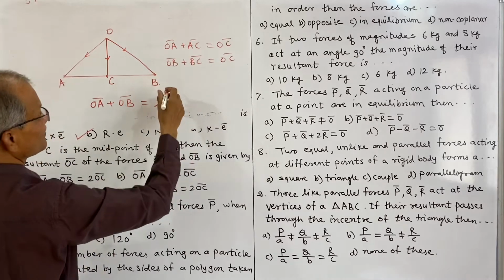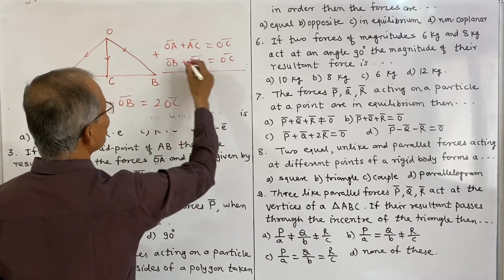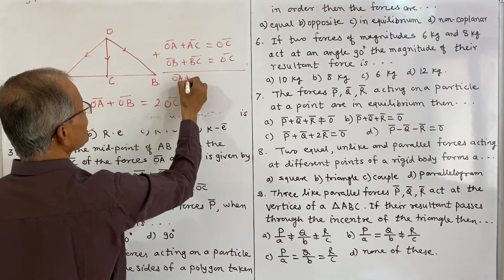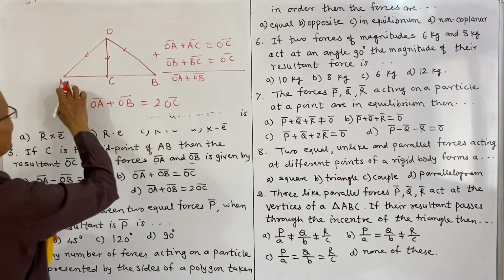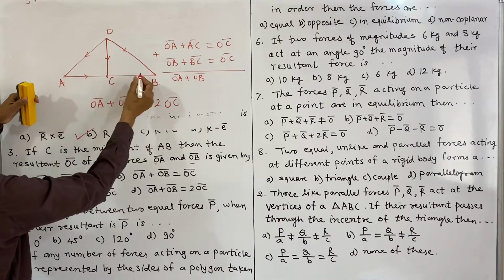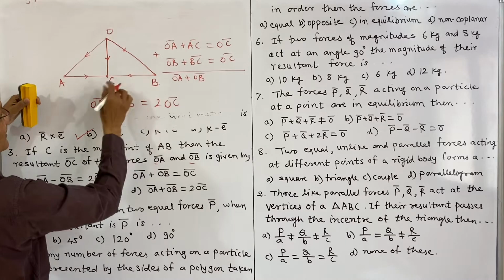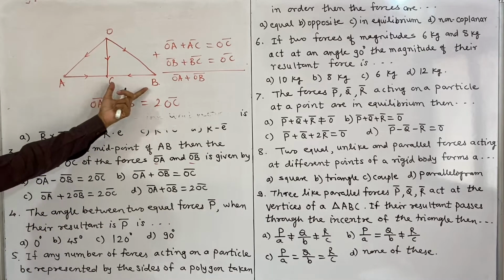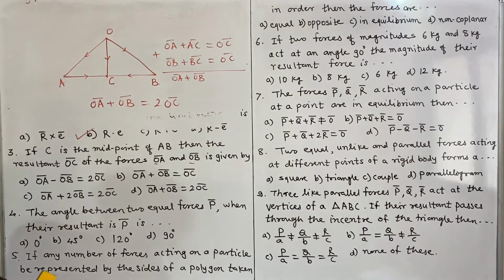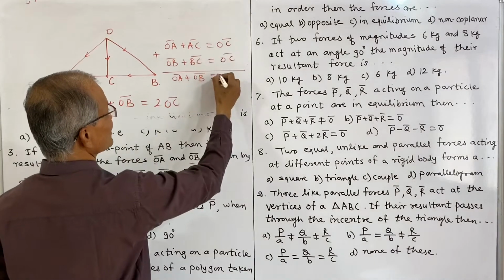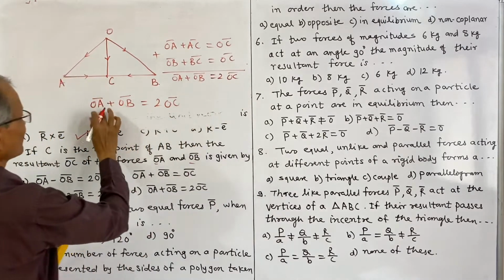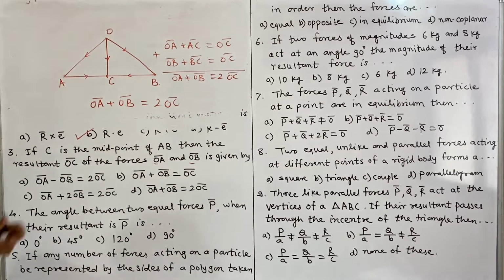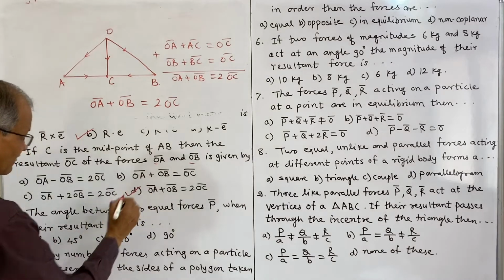If we add them, we get OA plus OB on the left side. Now, because C is the midpoint of AB, AC and CB are equal and opposite, so they cancel, and we get the right side as twice OC. Therefore, this is the correct relation between OA, OB and OC, and thus the correct alternative is D.